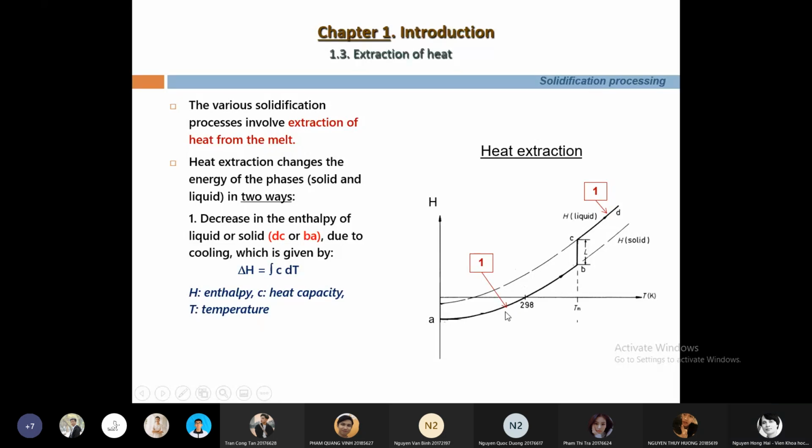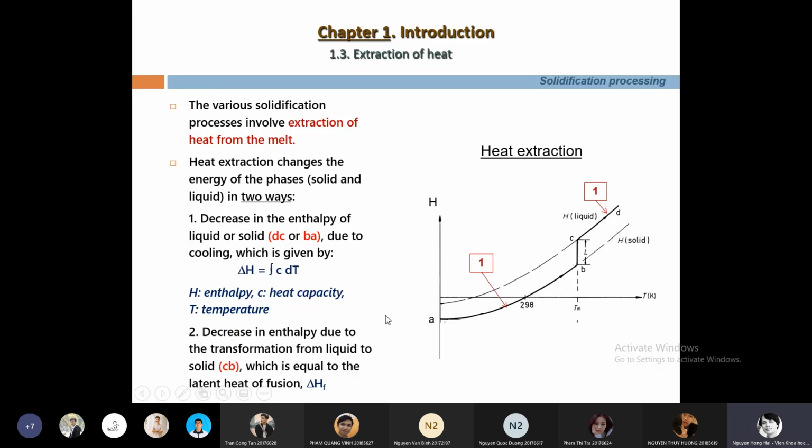So the first way to change the energy of the phases is the decrease of enthalpy by cooling, and the second way is the decrease of enthalpy due to the transformation from liquid to solid.